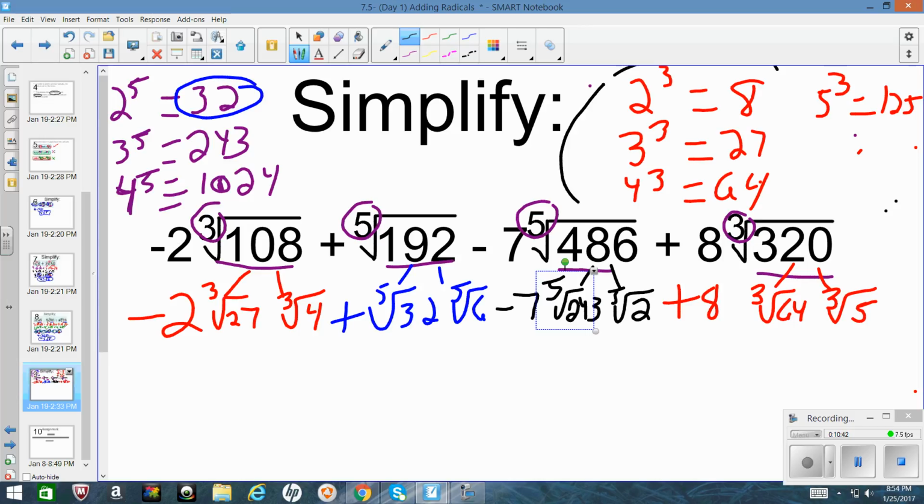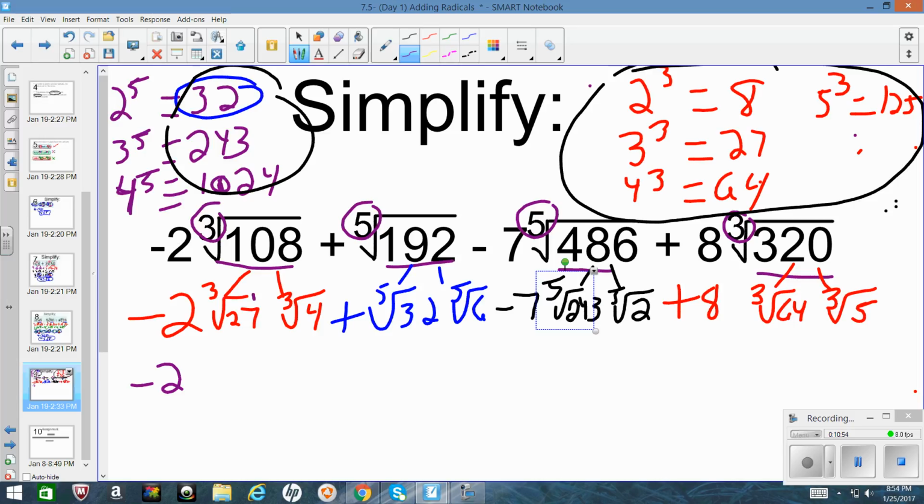So again, I use my powers in order to figure out these numbers that are going to reduce based on your cubed root and your fifth root. So let's reduce even farther. So I have negative 2 times the cubed root of 27, because that is going to give me 3, and the cubed root of 4 is going to stay the same.